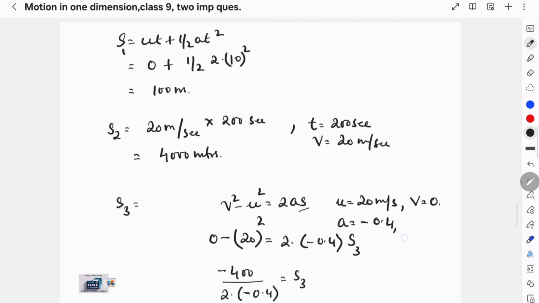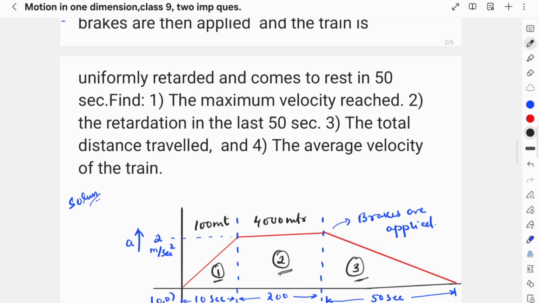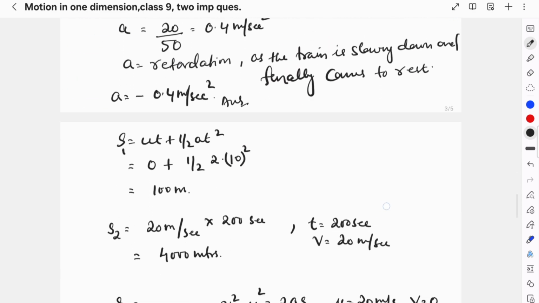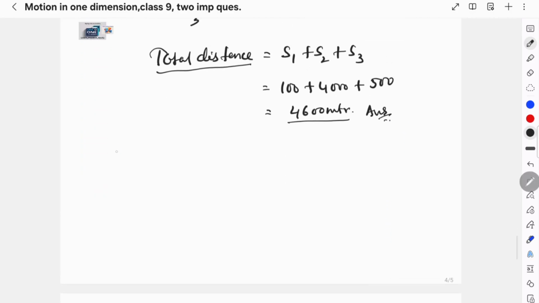Now let's see the last part, what they are asking. They are asking the average velocity of the train. So now we have to find the average velocity of the train.